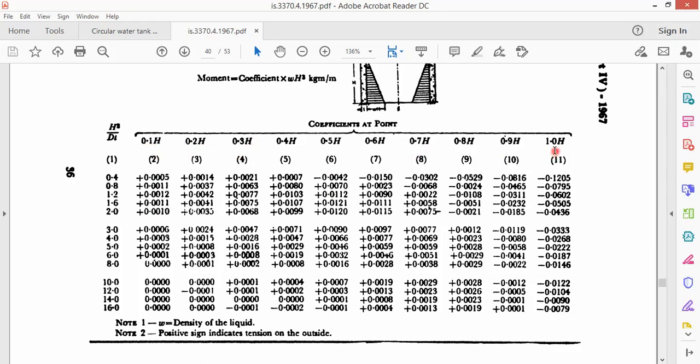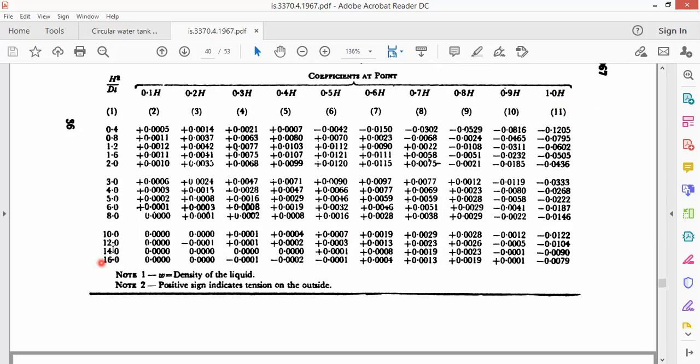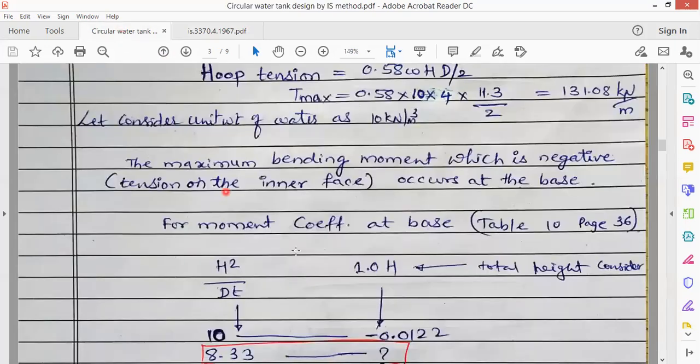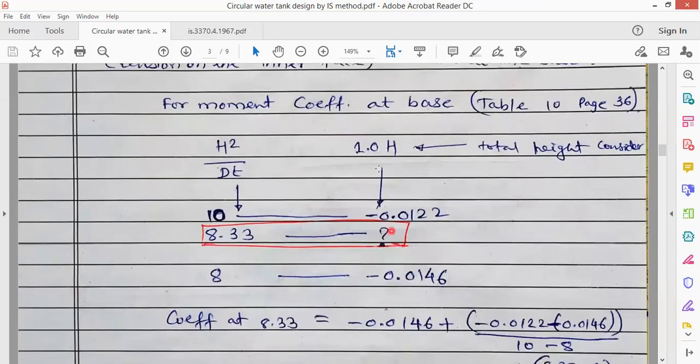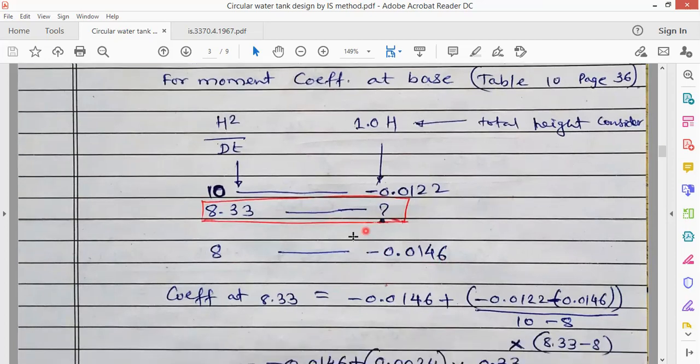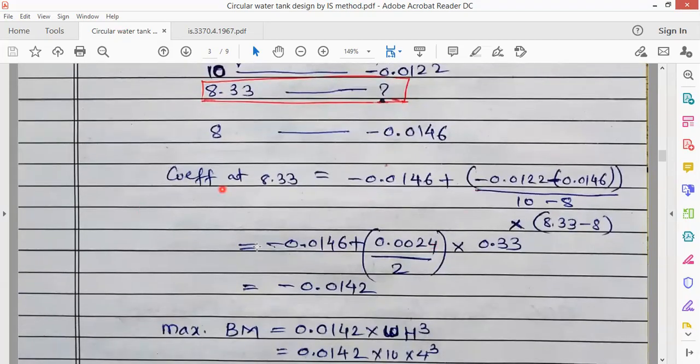Similarly they are there, till 1h. So I will consider complete h. For completely 1h, I will obtain the coefficients. It is minus 0.0146, minus 0.0122, and I will interpolate and obtain the actual values. So here are the values for 1h, 0.0122, 0.0146, and I will interpolate again and obtain the coefficient value.